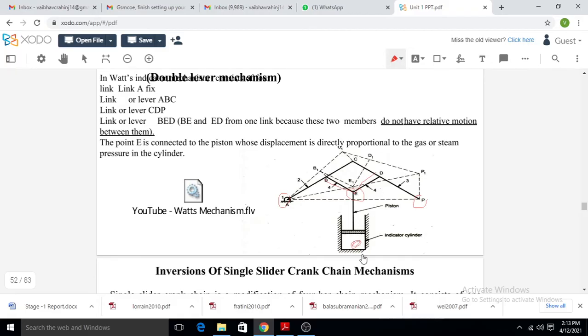Means when this piston moves up and down, making the reciprocatory motion due to steam present inside the cylinder, this point E will move, and as E moves, this point P also moves, and the motion of this point P is an approximately straight line.